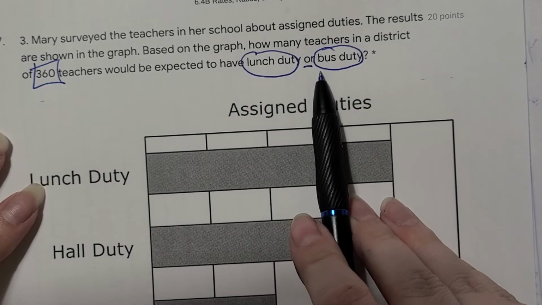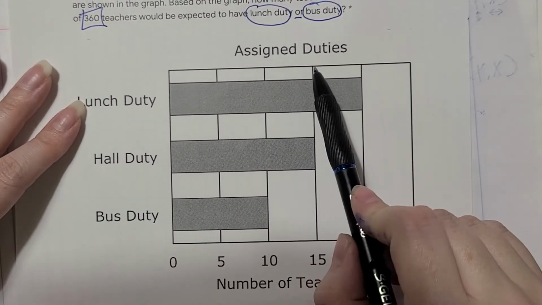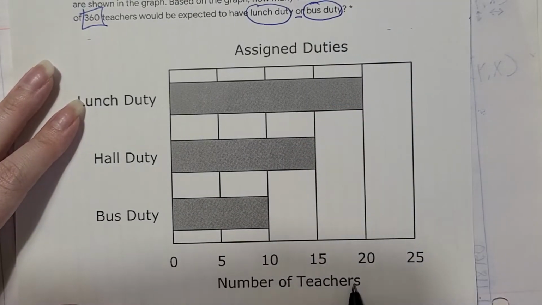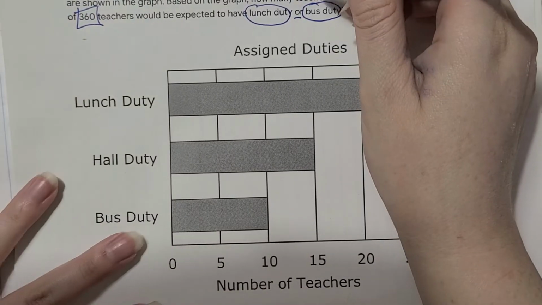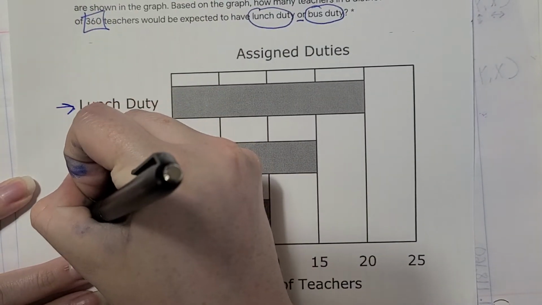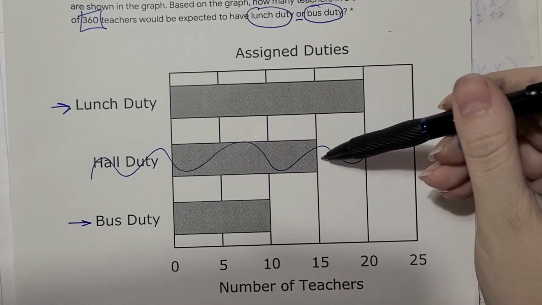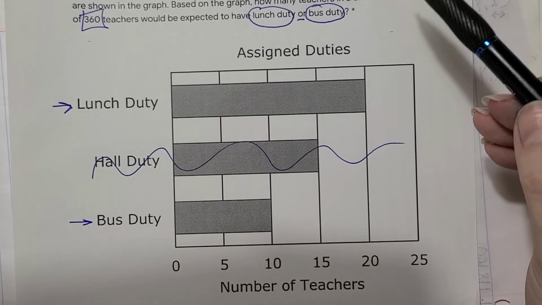Your graph shows assigned duties, lunch, hall, bus, and then number of teachers: 5, 10, 15, 20, or 25. We're looking at lunch and bus duty. Our question asks nothing about hall duty. You will still need this, just not for our part.